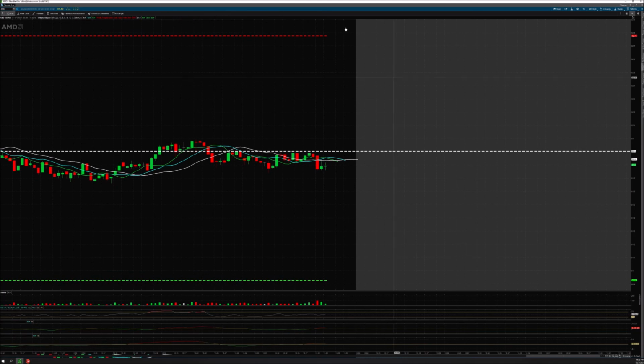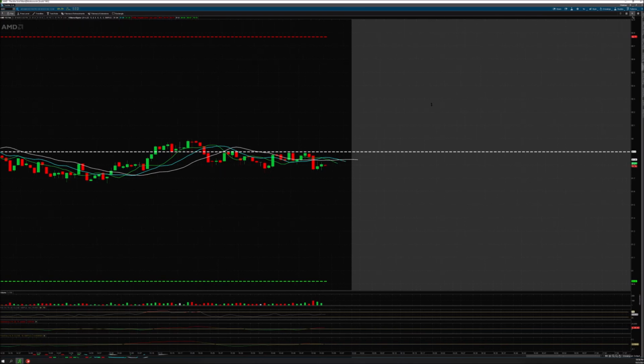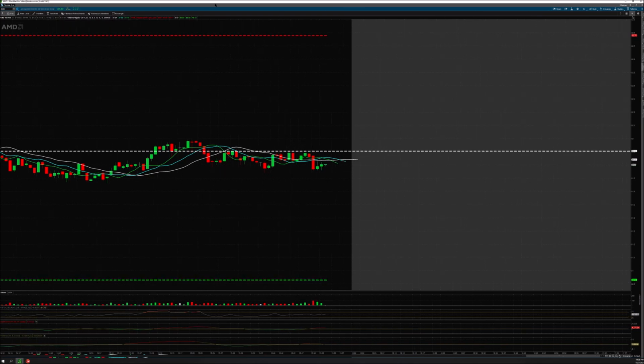When price moves, just pay attention to the lines. If you could see it, you could see it over here move. If you pay attention to the price over here on the right hand side, you can see it moving.